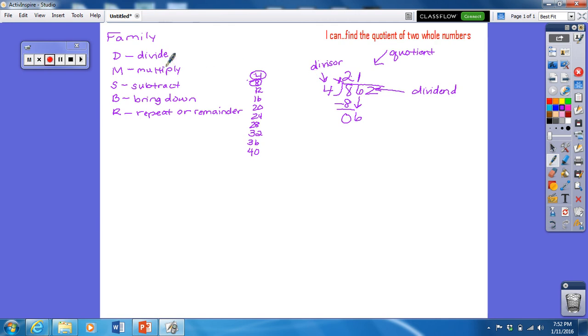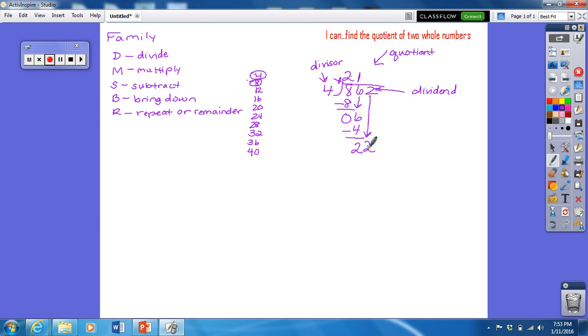Then I go back to multiply, which is Mom. 1 times 4. That's my circled number, and I put it right down here. Sister says subtract, so I subtract. 6 minus 4 is 2. Bring down the next digit here, and I get another 2.